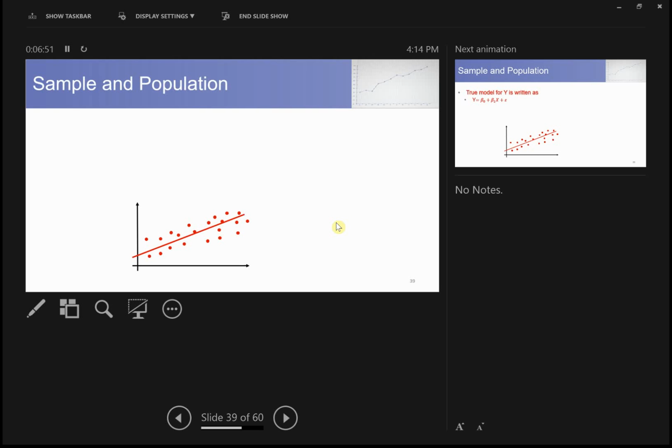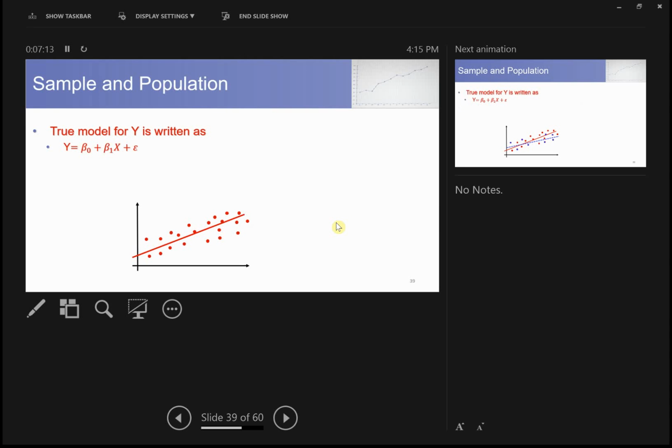So let me give you another way of looking at this. Suppose, for example, this was a scatter plot for a population. Suppose I had the population. So this is the true line. This is the model right here. And this thing here, beta naught plus beta 1x, this is the true regression line. Now I get data.